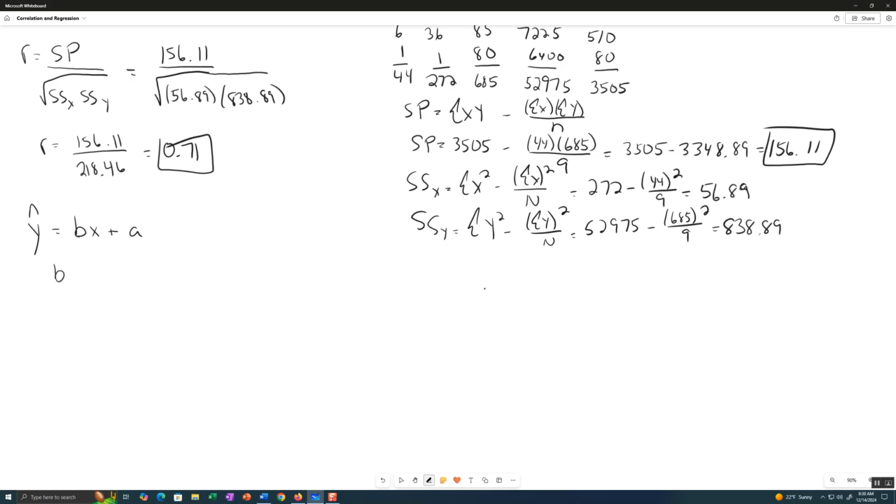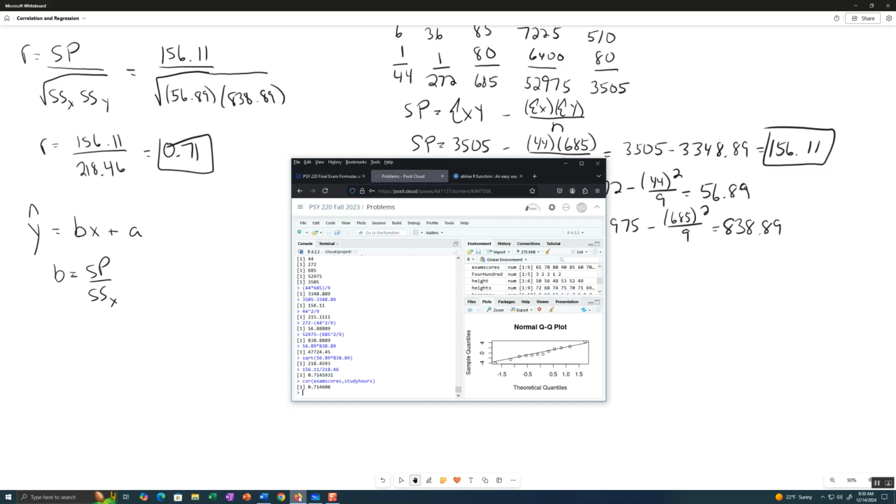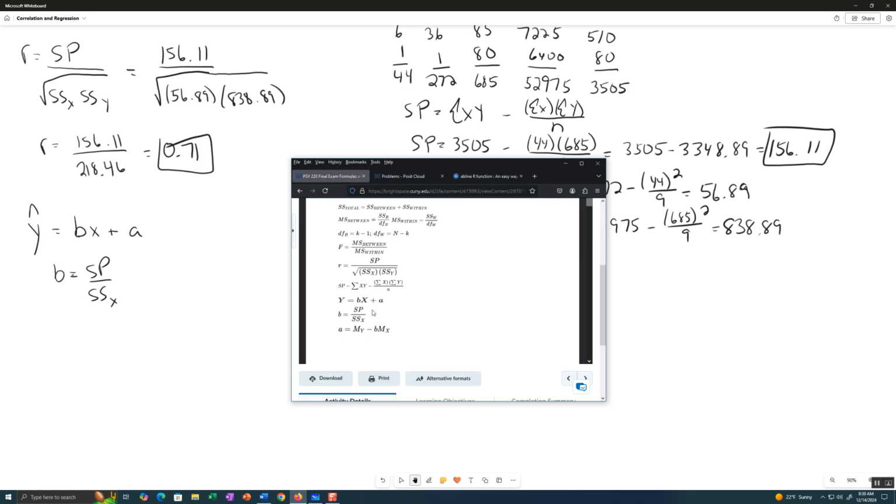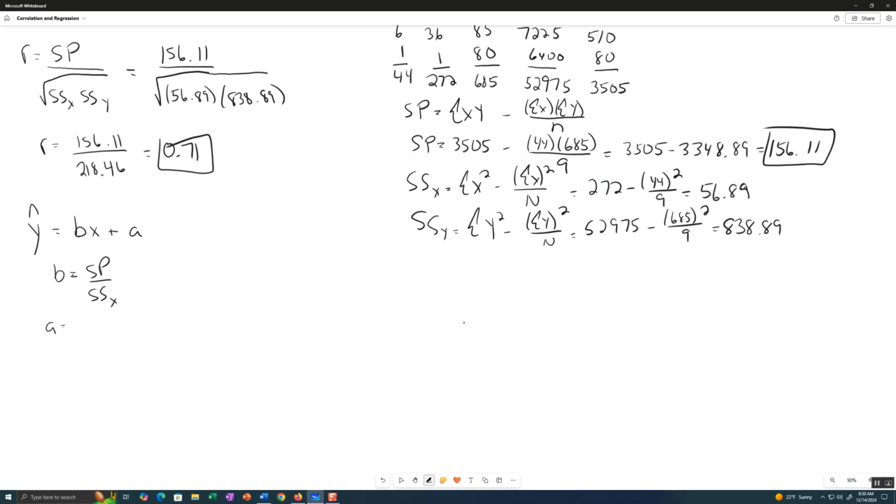To find the slope, it's SP over sum of squares x, and these are in the formula sheet. And then to find a, it's the mean of y minus b times the mean of x.